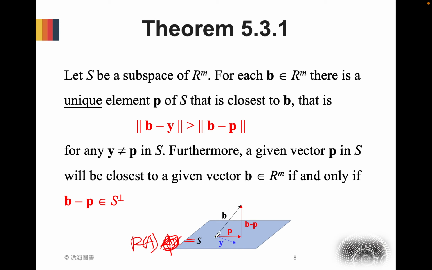And now we want to find the vector p, which is on S and is closest to the vector b.